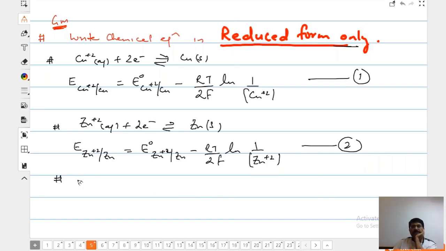Now, if I subtract, you see, it is E naught for zinc copper cell. Remember? It is going to be E for the Nernst equation: E copper plus 2 oblique copper minus E Zn plus 2 oblique zinc, right?